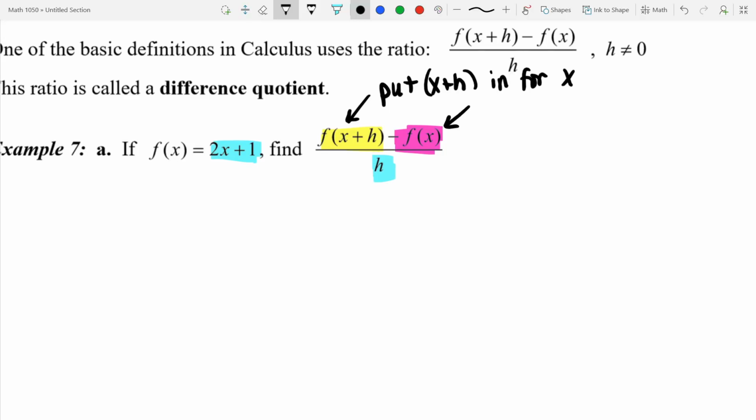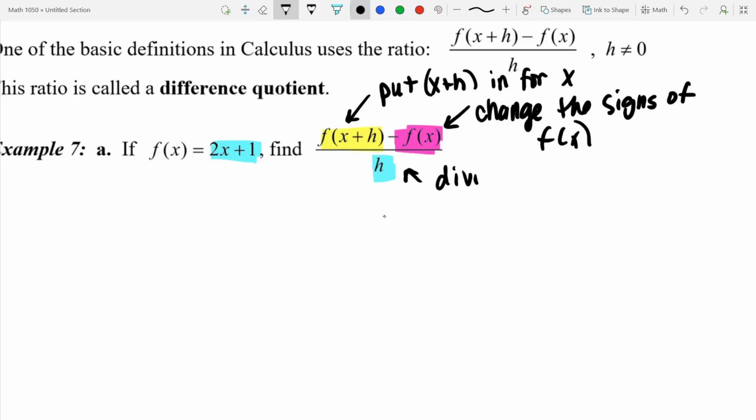Minus f of x means take a negative, distribute it in, so that means change the signs of f of x. And this blue thing just means divide by h. So those are easy to understand. Go in there, put in an x plus h. The pink one means change all the signs, divided by h.